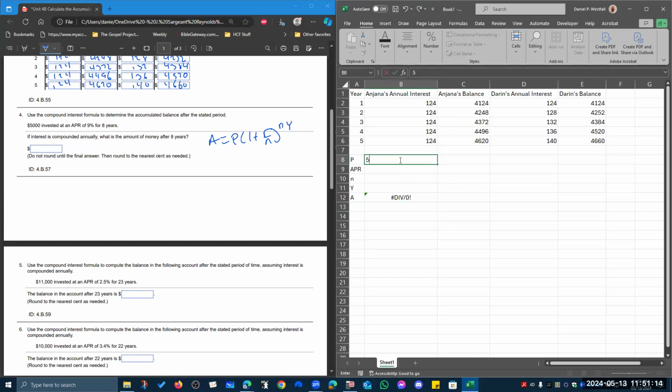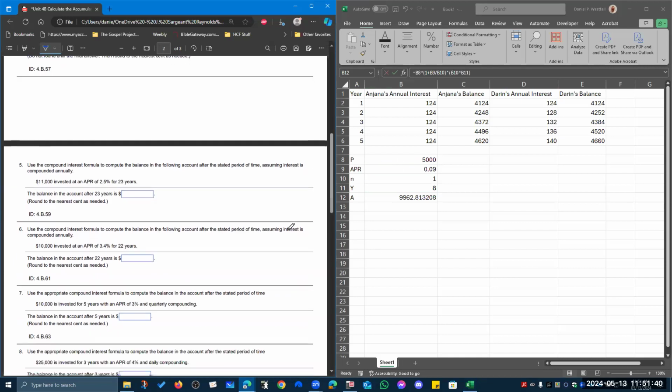I'm just going to put in here $5,000 and 9%, 0.09 for my APR. And then N is going to be 1, Y is going to be 8, and that gives 9,962.81.